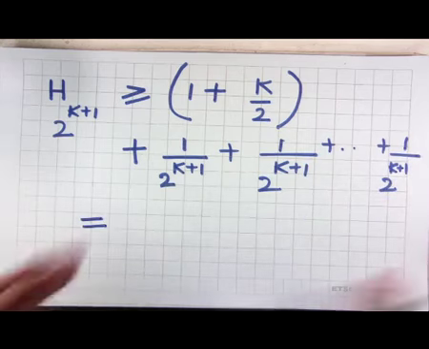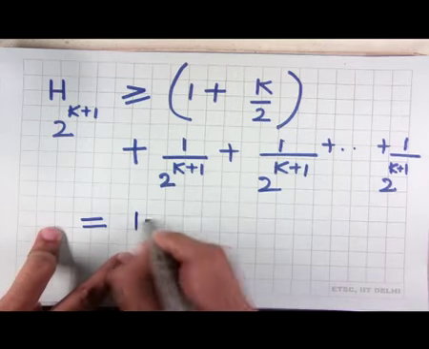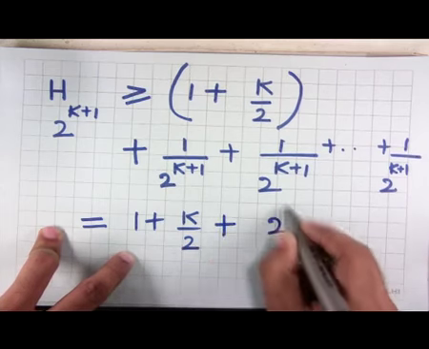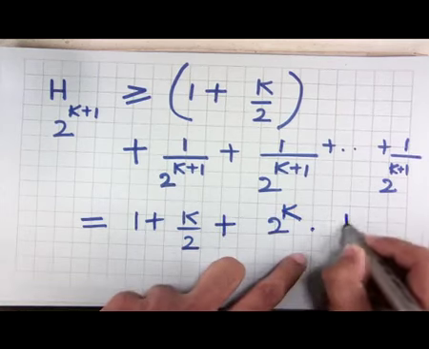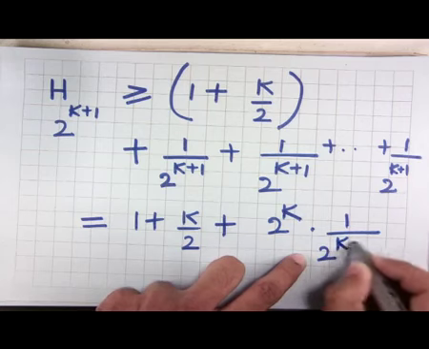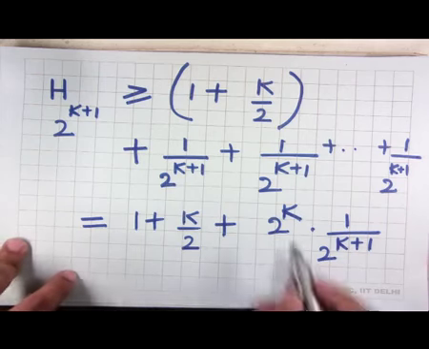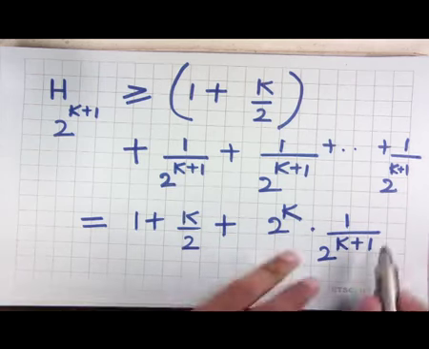Note that there are 2 power k terms there. So, this is equal to 1 plus k by 2 plus 2 power k into 1 by 2 power k plus 1. This is why I asked you to view 2 power k plus 1 as 2 power k plus 2 power k. So, there are 2 power k terms and we got it like this.